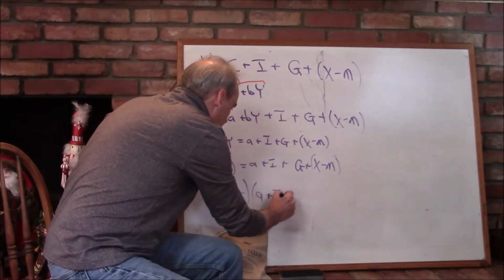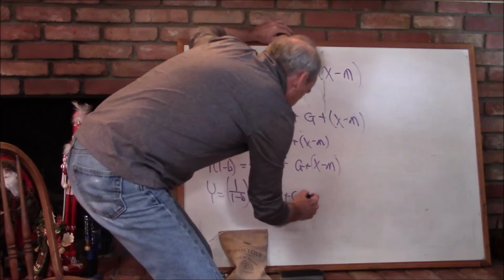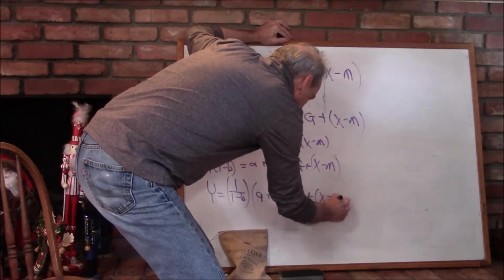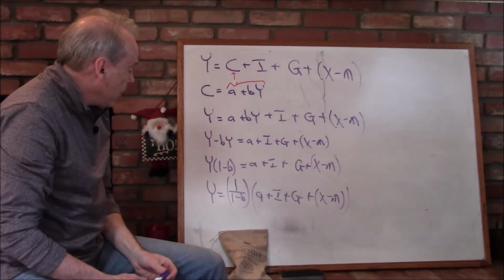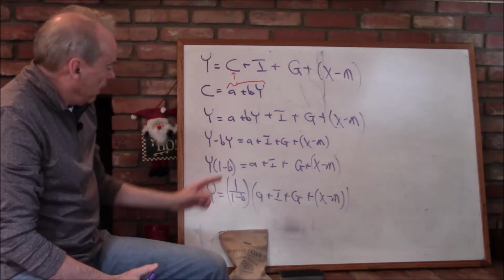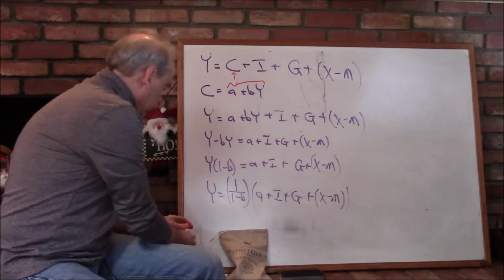A plus I plus G plus X minus M, like that. Voila. Now we have the multiplier derived. This is the multiplier.